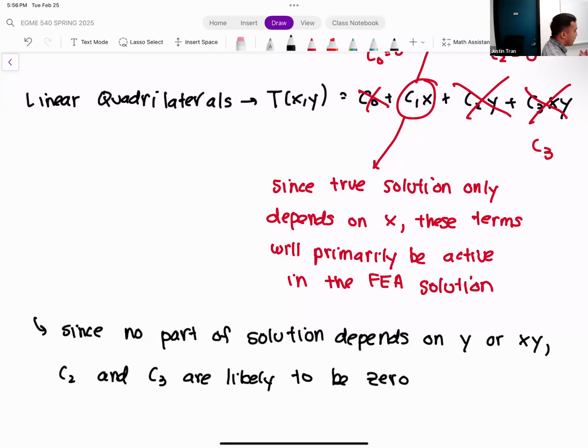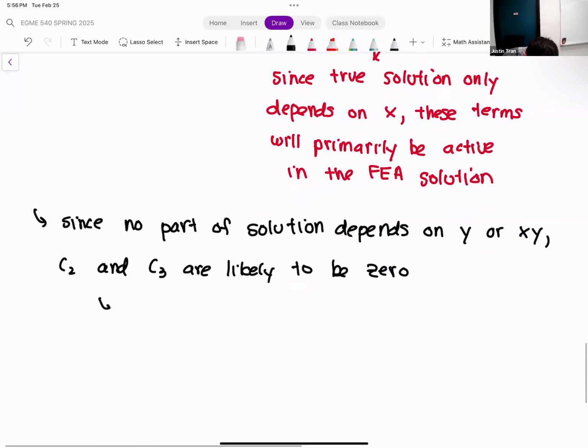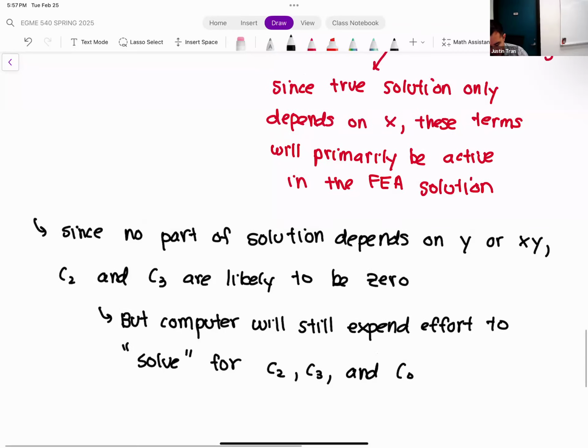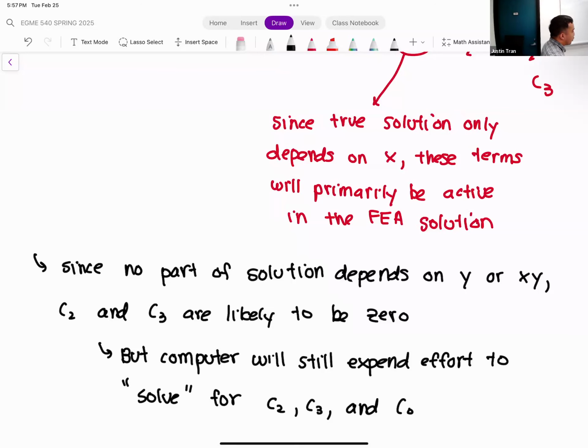It's going to go through all this effort only to determine that these constants are just 0.